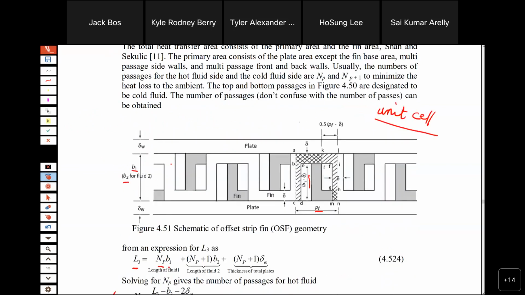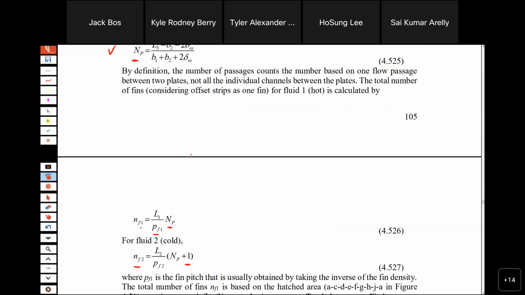Look at that. The B1 divided by 2. The fin is half of it. Okay, half of it. This is the fin, and minus delta also, I think so.